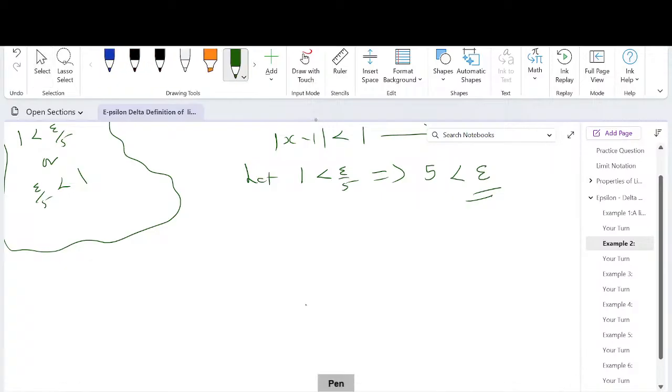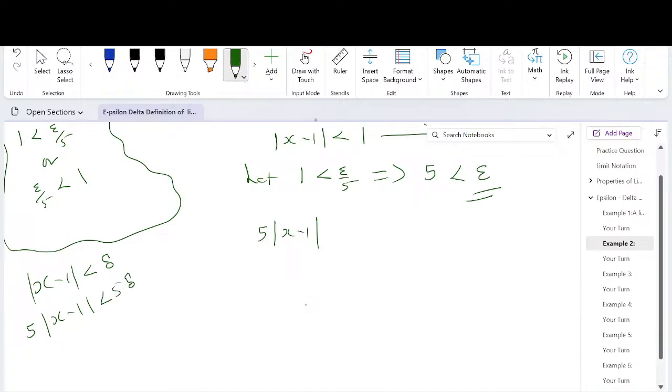So I can write this first: the absolute value of x minus 1 is less than delta. It means 5 times the absolute value of x minus 1 is less than 5 delta.